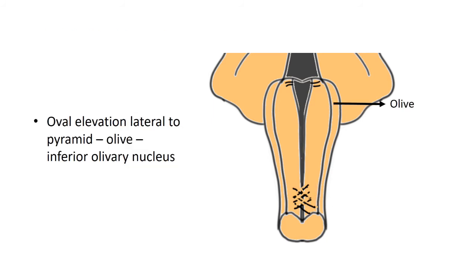Lateral to the pyramid, there is an oval elevation called the olive, which is formed by the inferior olivary nucleus. So lateral to the pyramid, there is another elevation which is oval in shape and called the olive, and it is formed by the inferior olivary nucleus.